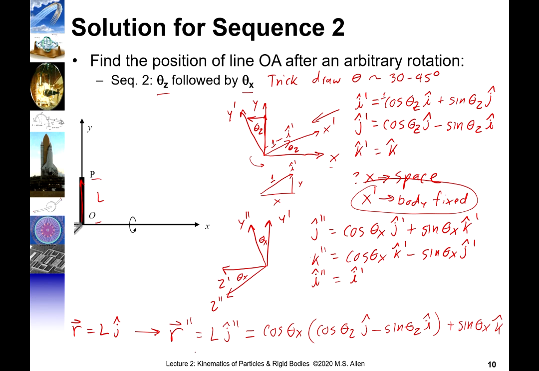And so now, nesting those two together, we can tell you where this vector that started in the xy coordinate system is now after going through these two rotations. And so this would give us the i, j, and k coordinates for some arbitrary new position of that vector.